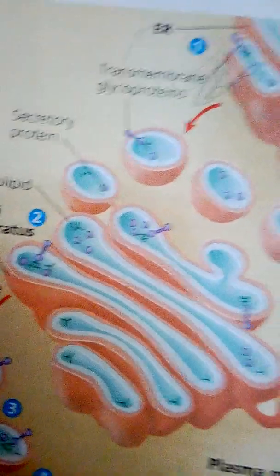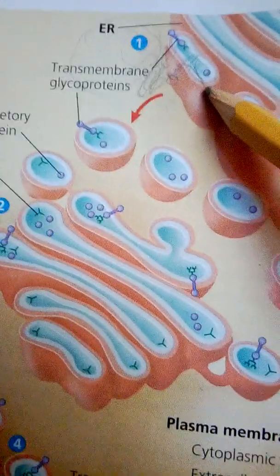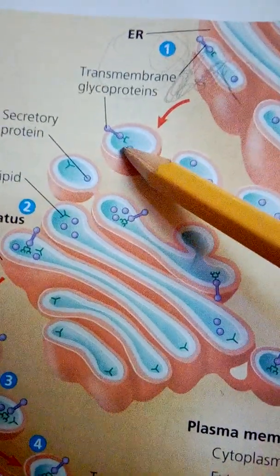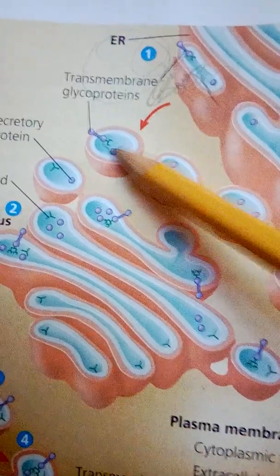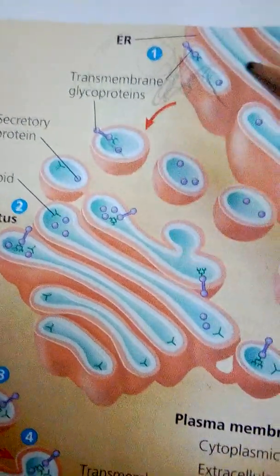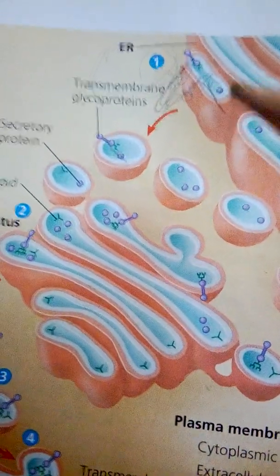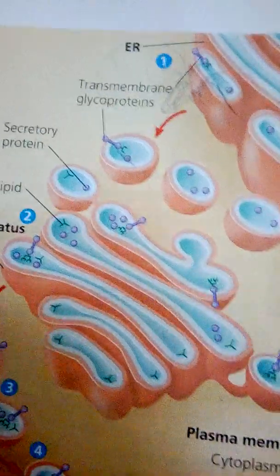Carbohydrates, represented by green, notice that, are added to the proteins, making them glycoproteins. The carbohydrate portions may then be modified.